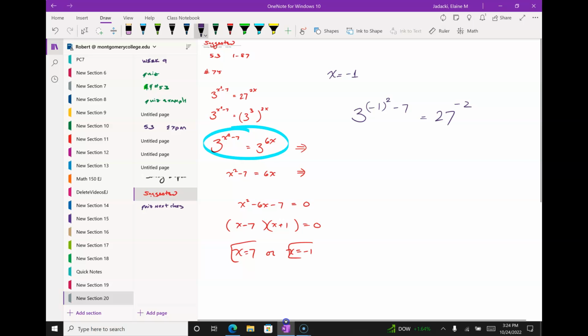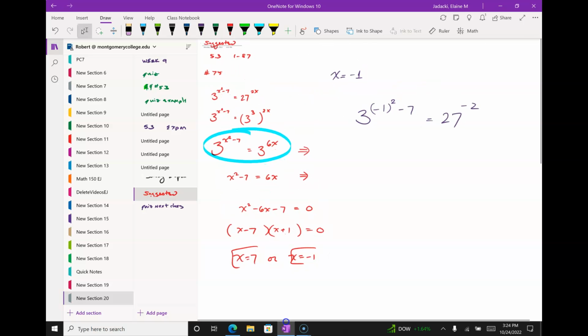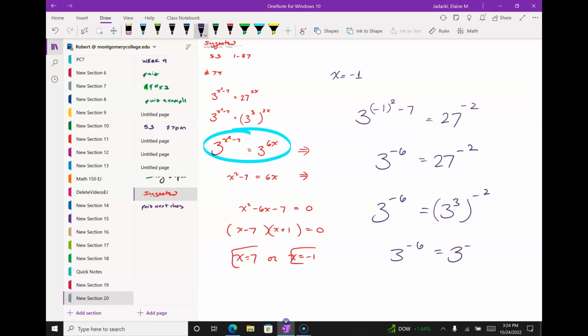So I'm plugging in that negative 1, right? That makes sense? So it looks like the negative 1 works. I just have to get something the same on both sides.